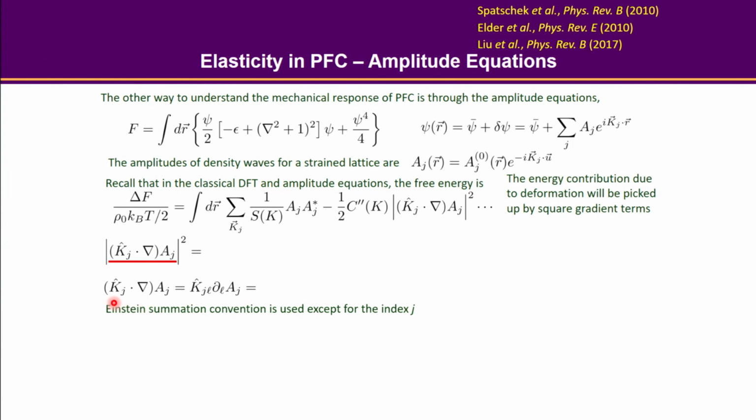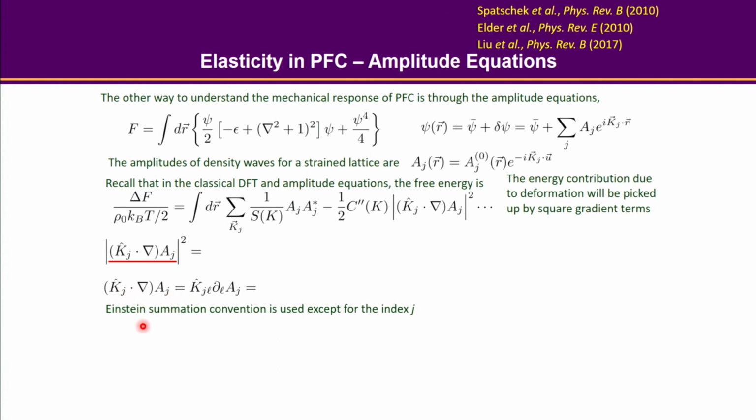So this term can be written as the summation over l from 1 to 3, K_j taking the l element, and also partial x_l, so those two represent an inner product, and operate on A_j. The Einstein summation convention basically says whenever you see a repeated index, you sum l from 1 to 3.